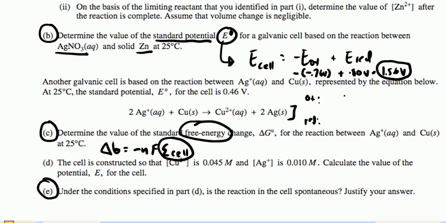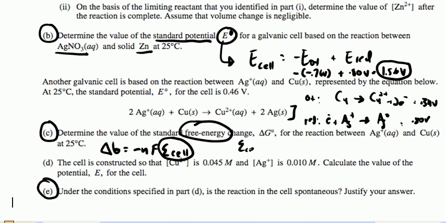The oxidation is going to be Cu goes to Cu2+ plus 2 electrons, and the reduction is going to be 1 electron plus Ag+ goes to Ag0. I'm going to look on my chart for Cu. There's 3 Cus. We're going to use the middle value. That's going to be 0.34 volts. And for Ag, it's going to be 0.8 from before.